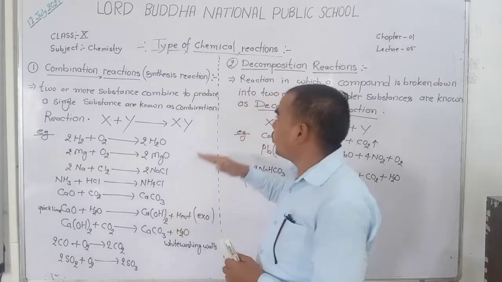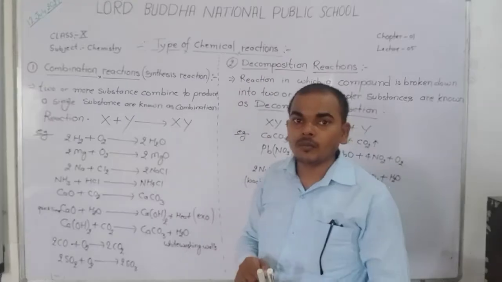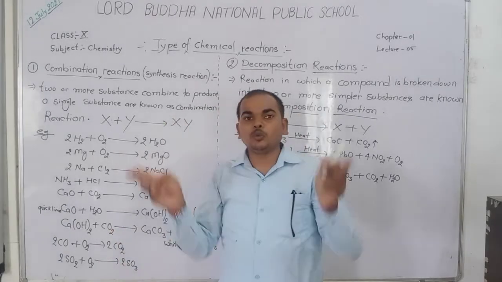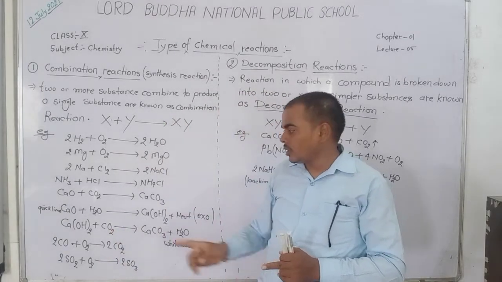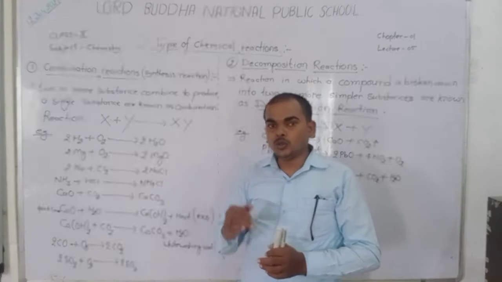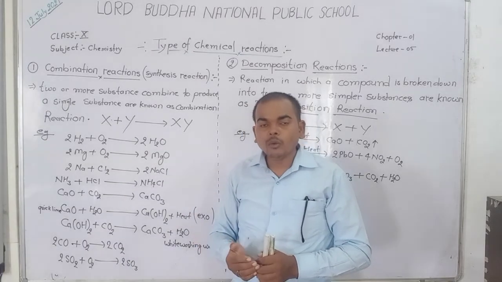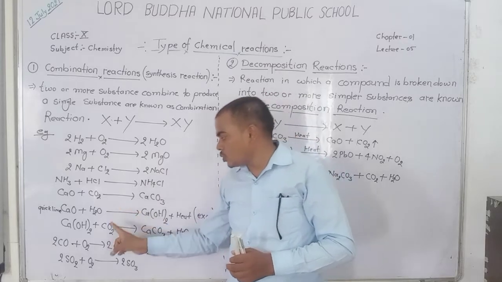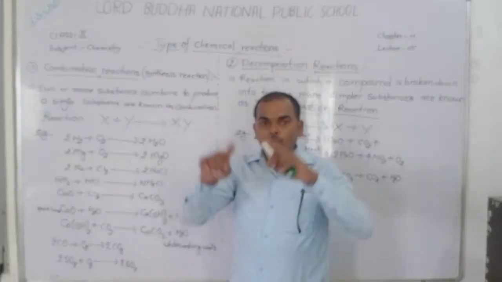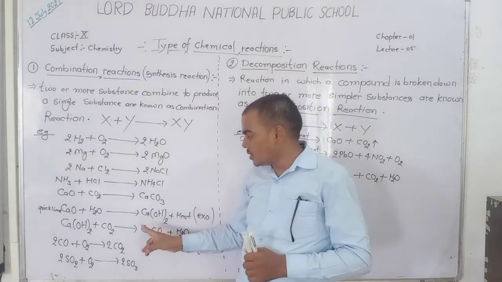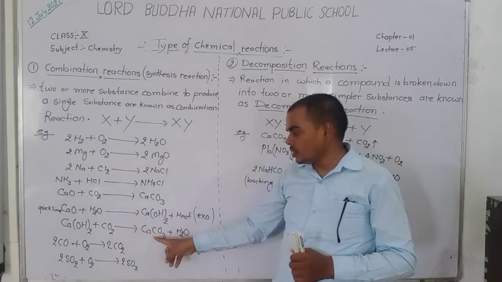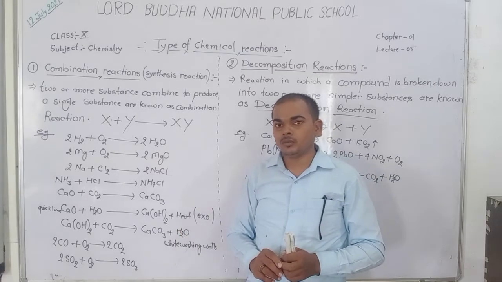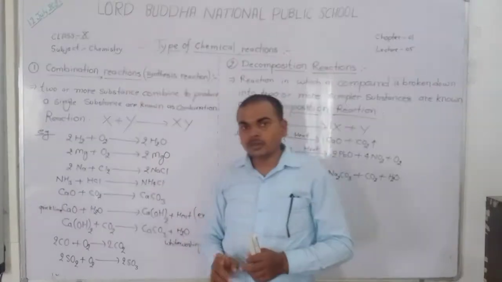When you apply whitewash to the wall, it absorbs carbon dioxide from the atmosphere and converts into calcium carbonate and water vapor. Okay.